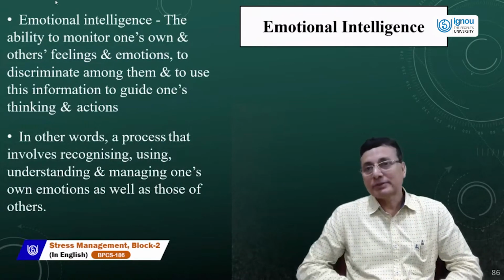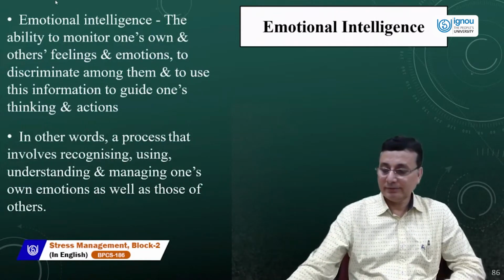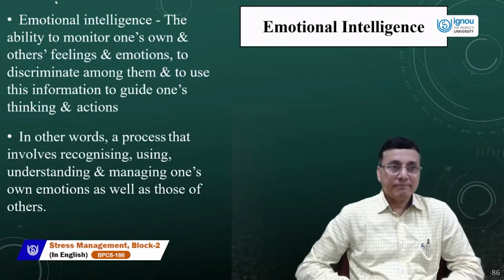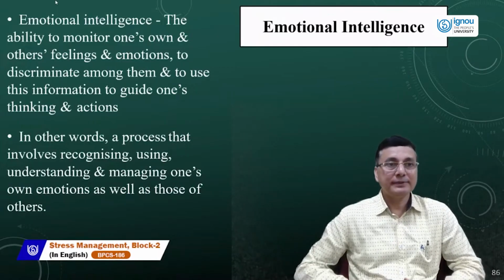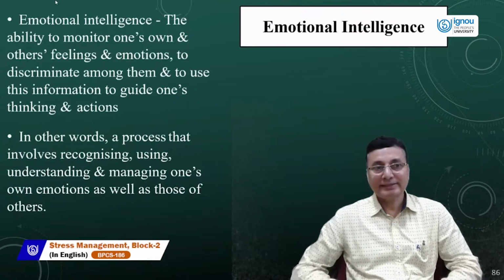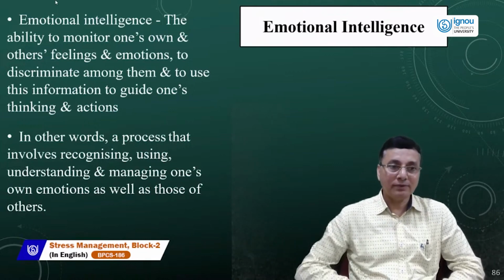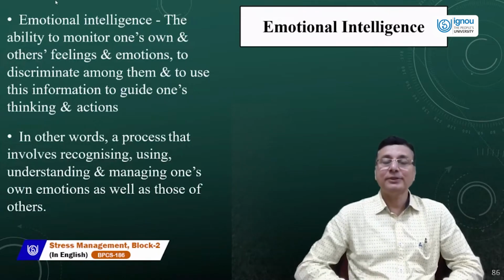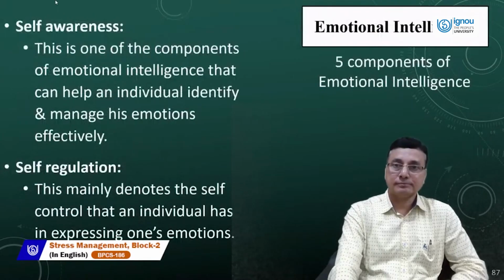Let us see emotional intelligence. Emotional intelligence is the ability to monitor one's own and others' feelings and emotions, to discriminate among them, and to use this information to guide one's thinking and actions. In other words, a process that involves recognizing, using, understanding, and managing one's own emotions as well as those of others.